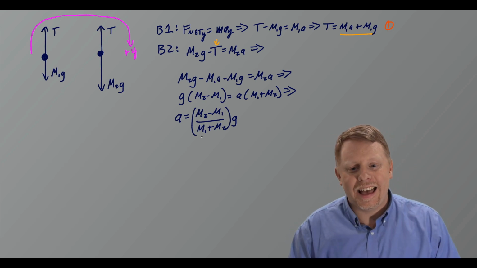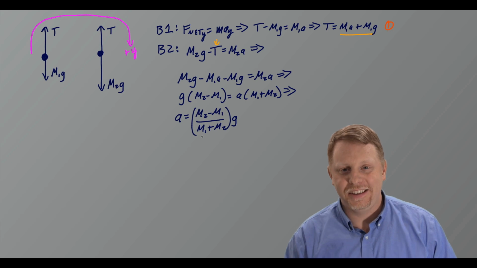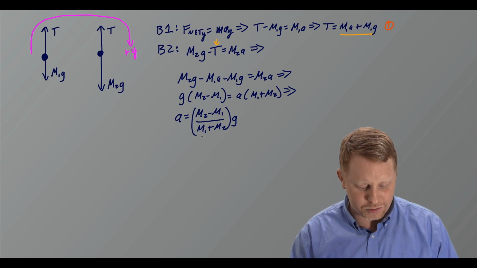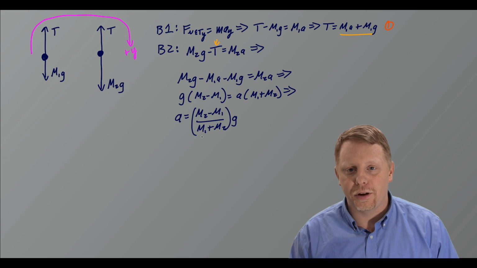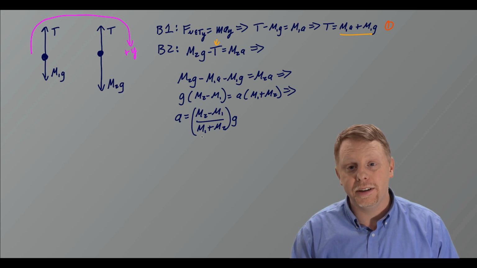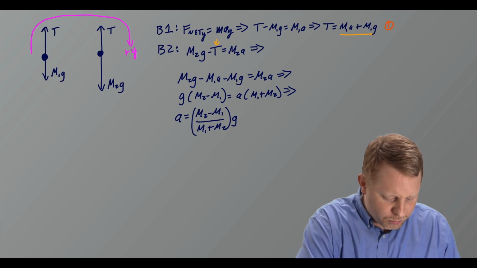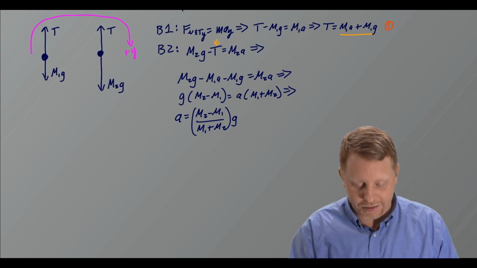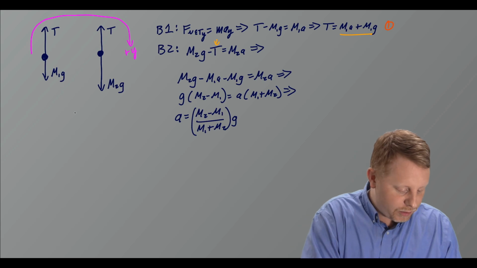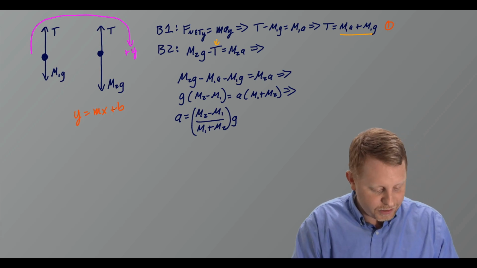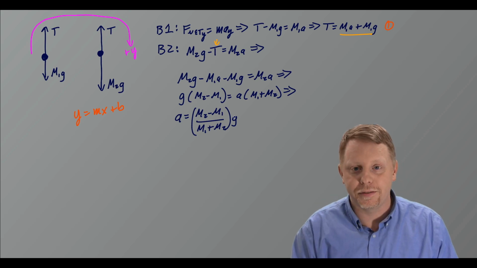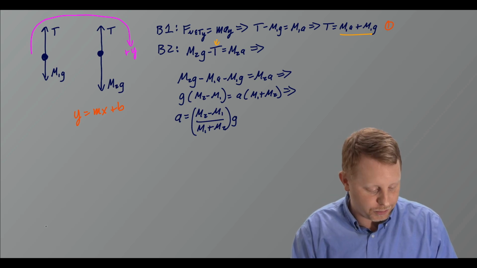Now, next, what they're going to end up asking us is to use this sort of equation to draw a graph and solve for the acceleration due to gravity, a really common type of physics question. So the first thing I'd note before we go a whole lot further is we can make this fit the equation of a line. Remember, the equation of a line is y equals mx plus b. Well, I don't see any plus b part over here in this form, so the y-intercept must be 0.